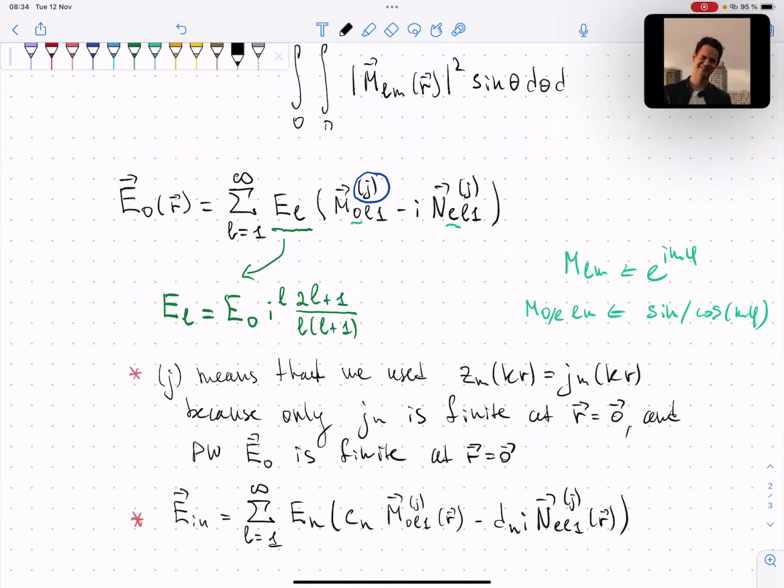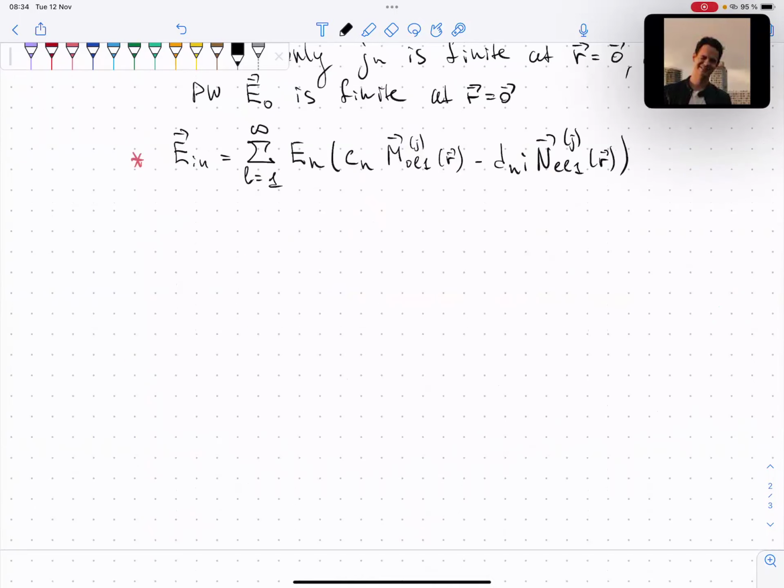This means that no other harmonics will be in the expansion for the scattered field and the field inside the resonator, because these harmonics are orthogonal. For example, harmonic LM cannot excite harmonic L prime M prime if and only if L equals L prime and M equals M prime.